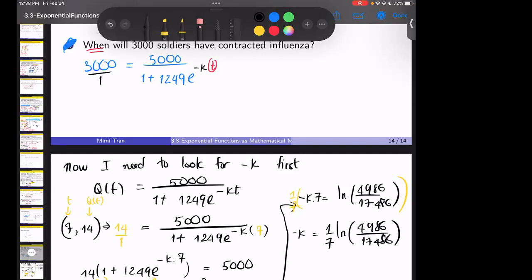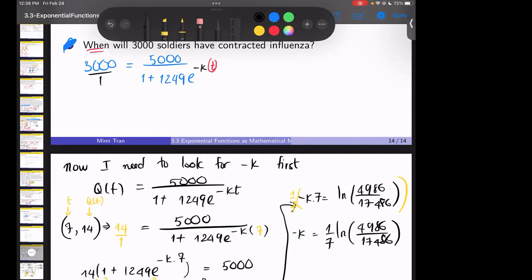Show me everything, but let me see some steps. Solve for the red letter.